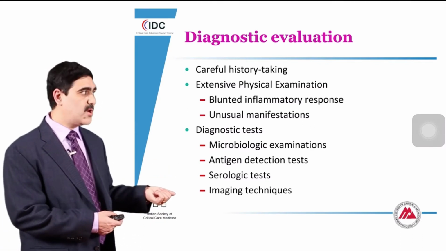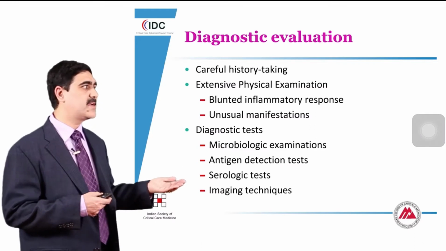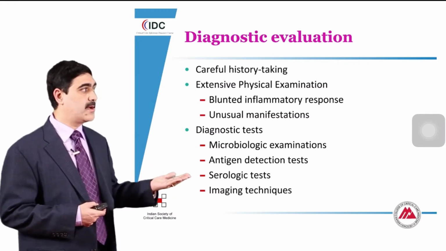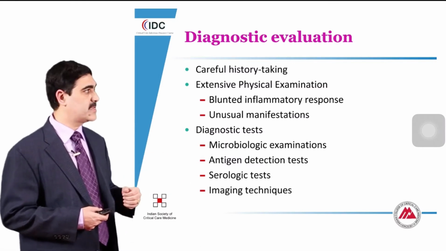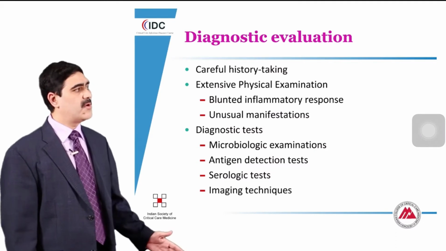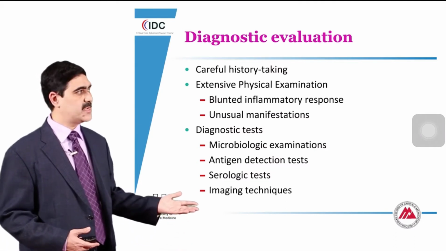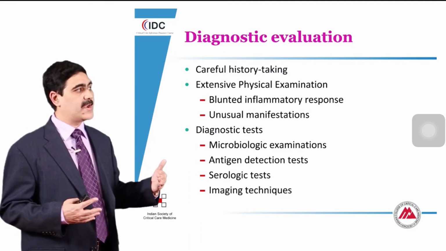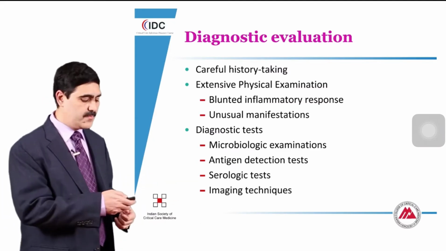We do order serological tests. Keep in mind that it may not come up positive even when a patient has an infection, and that is something that is important to keep in mind when you are managing these immunocompromised hosts. We may need to do various imaging techniques much more at a lower threshold than we would with other patients.